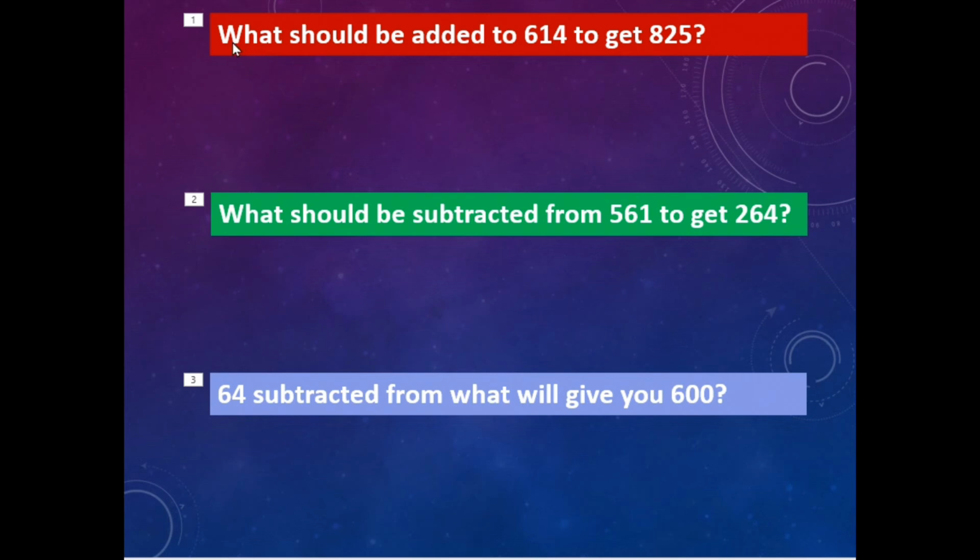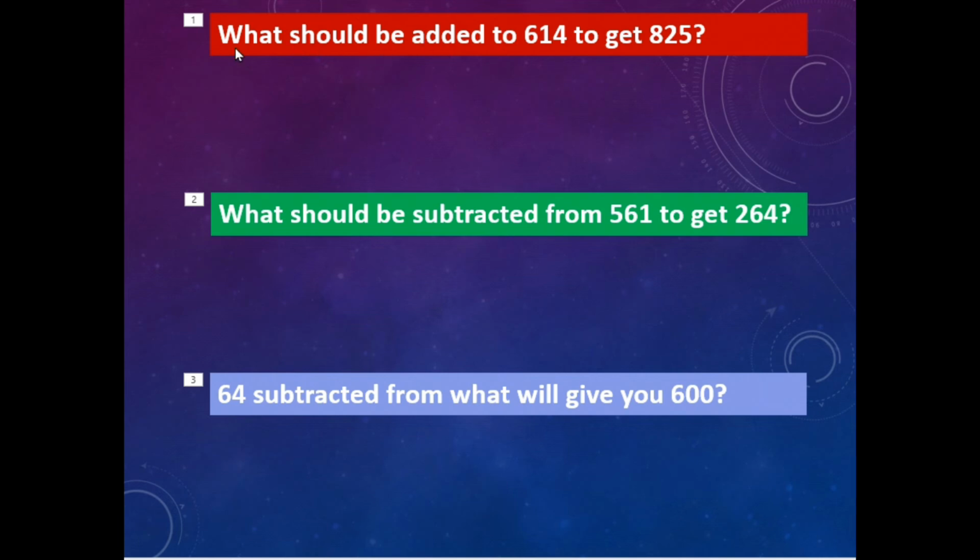We have the first question as, what should be added to 614 to get 825? What we will do here is, first we will convert this word problem into a mathematical expression. What I mean by mathematical expression is, we are going to write it with symbols and all.